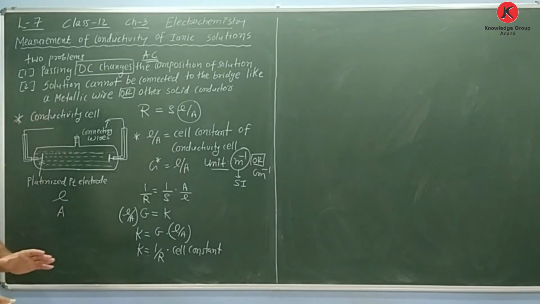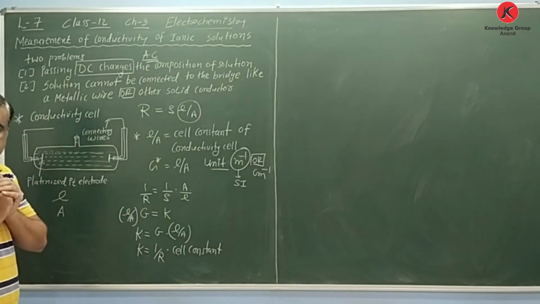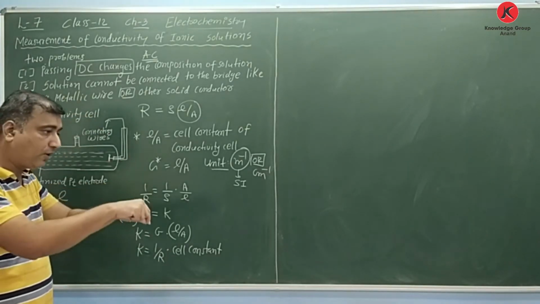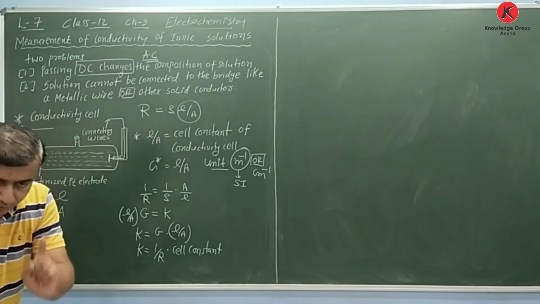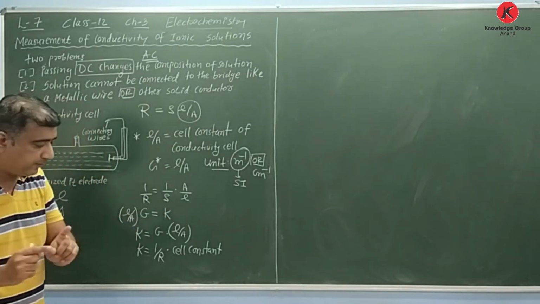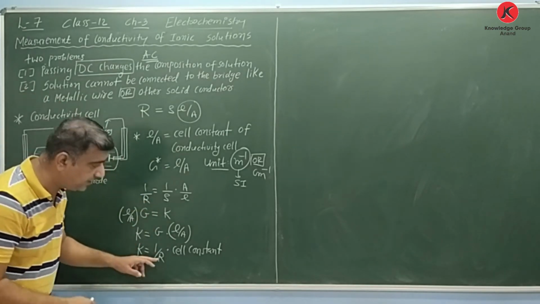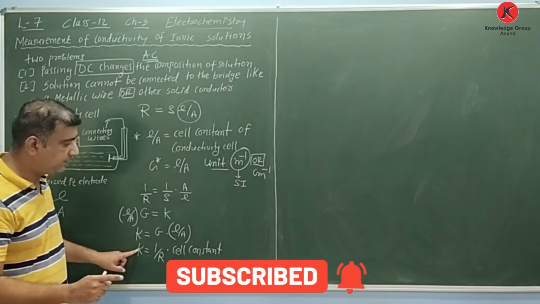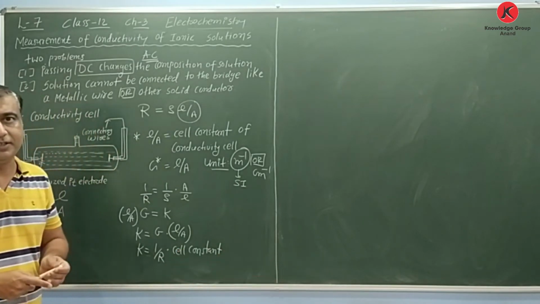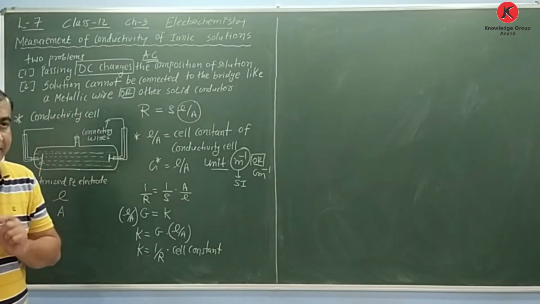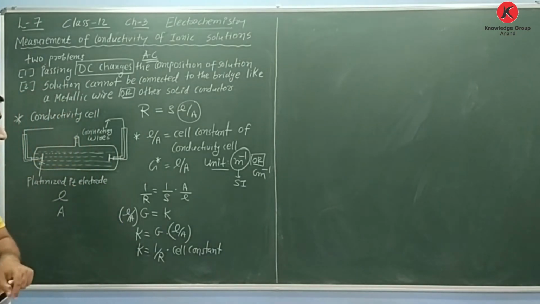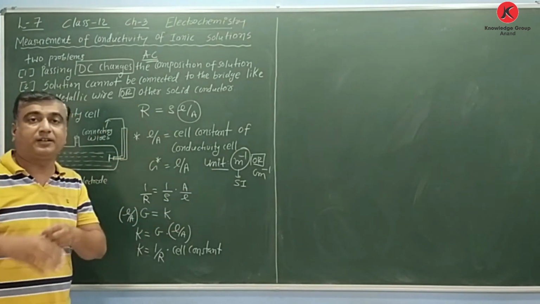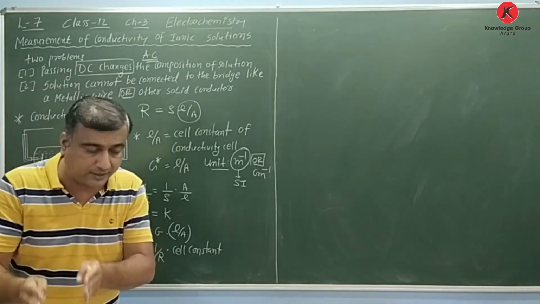If we want to measure the cell constant of this conductivity cell, then use a solution whose conductivity is known, that means the value of K is known. Now measure the resistance. If the resistance is measured and the conductivity is known, then the cell constant of this conductivity cell will be obtained. Once the cell constant is obtained, this conductivity cell can be used for measuring the conductivity of any solution.